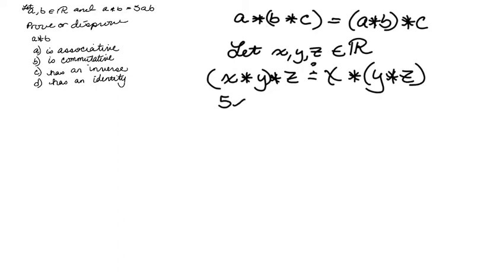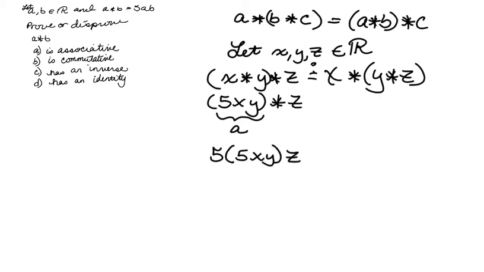So 5XY, parentheses, star Z. This becomes the entire A quantity. So this becomes 5 times 5XY times Z. So 25XYZ. Let's see if that ends up equaling the right-hand side of our equation.